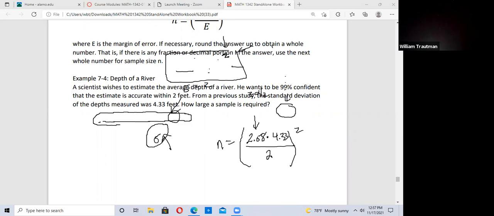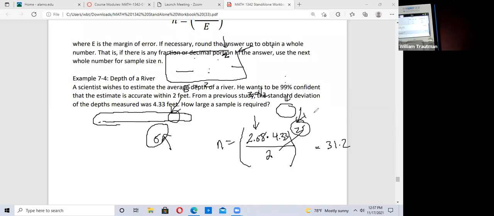I square it. And when I put that in my calculator, I get 31.2. So that's what you should get. 2.58 times 4.33 divided by 2, hit enter, and then square it, and you get 31.2.